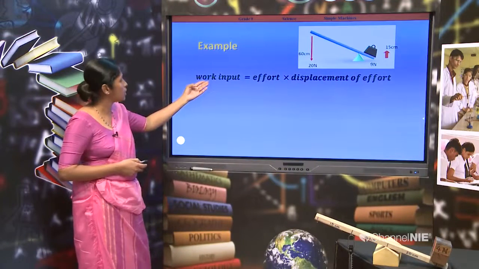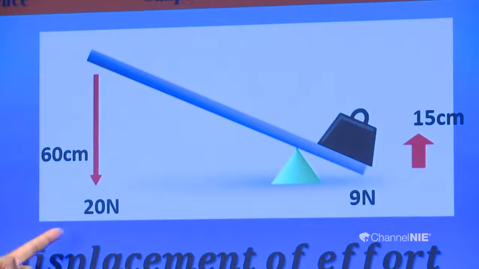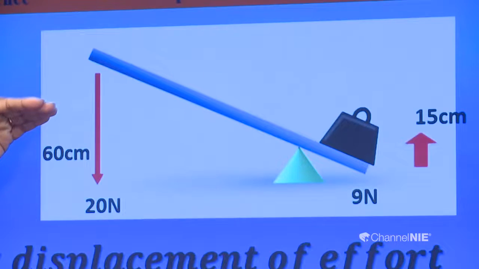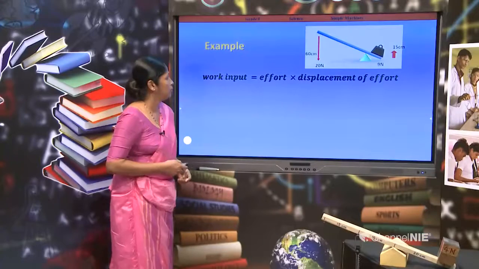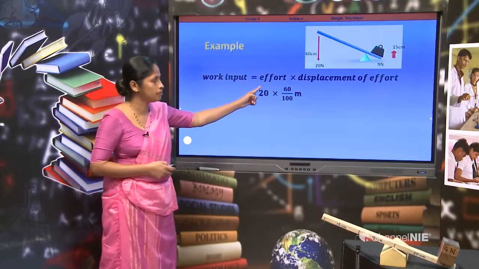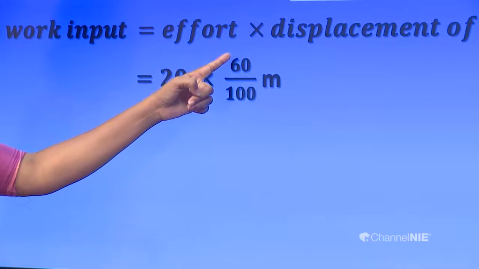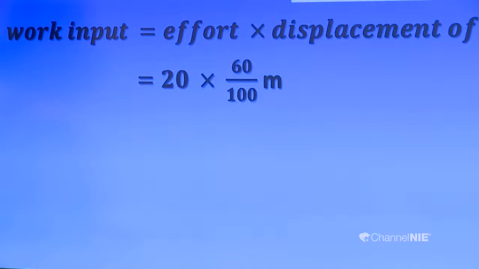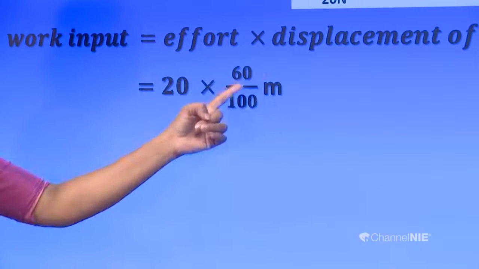Our equation: work input equals effort into displacement of effort. This is the effort, 20 Newton, and it is moved over 60 centimeter distance. Effort 20 Newton, displacement 60 centimeter, and normally when we are calculating the displacement we should use meters.